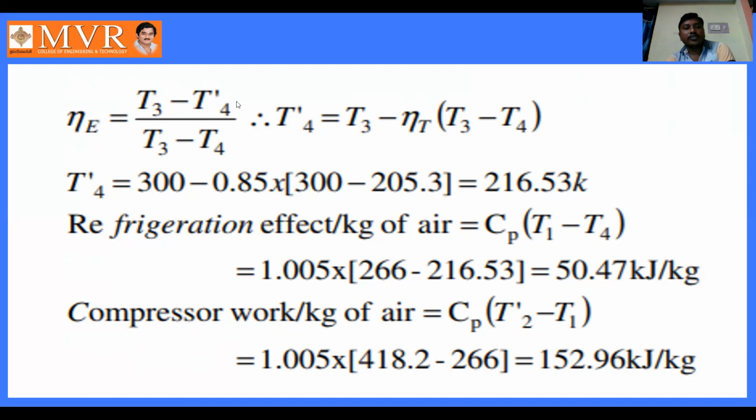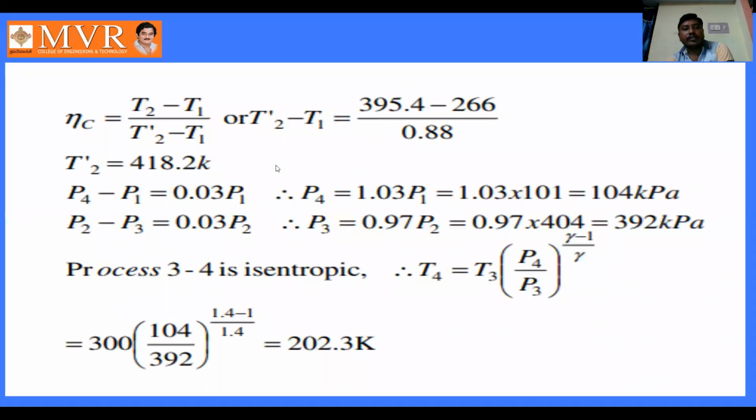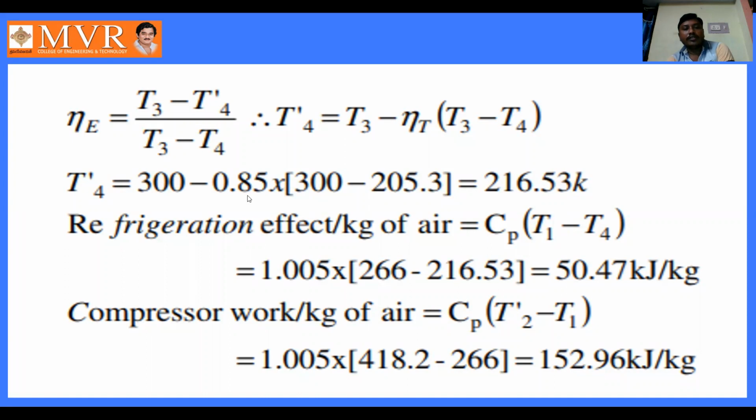Substituting all the values, T3 is 300, the efficiency of the turbine is given as 0.285, and T4 is 202.3. Hence we have got T4 dash is equal to 216.53.